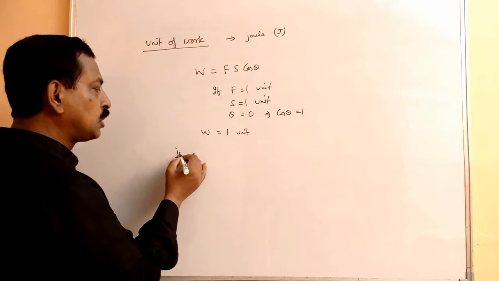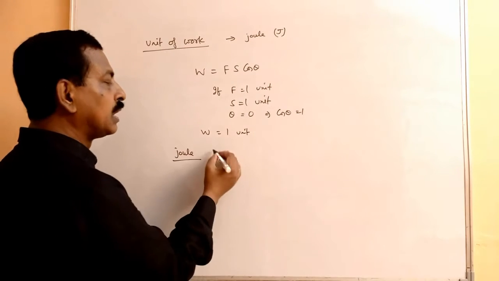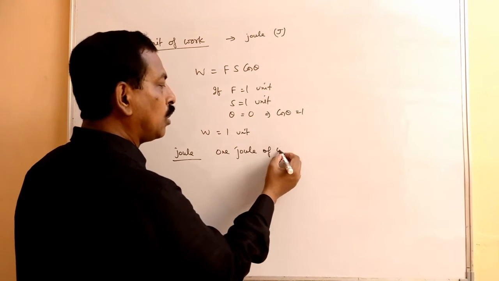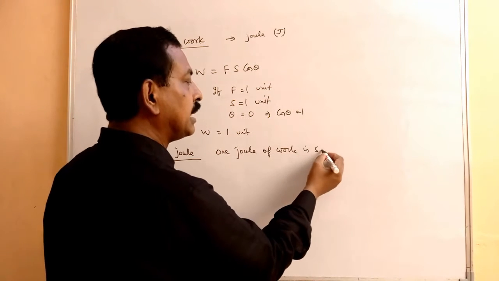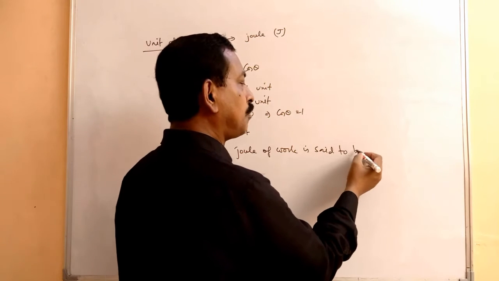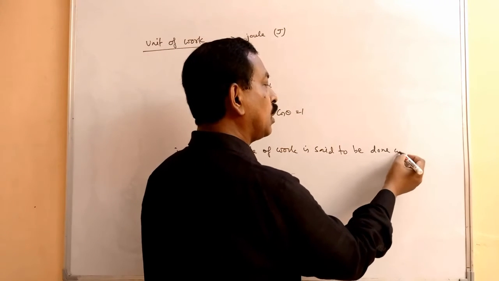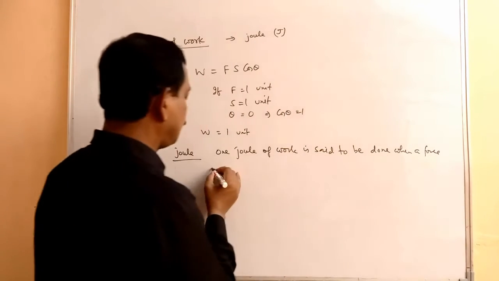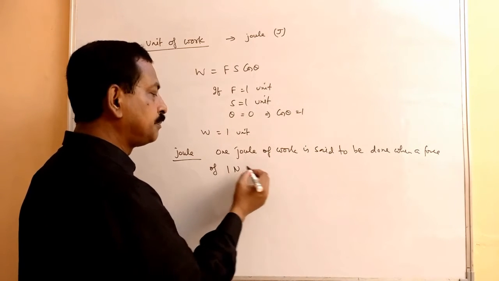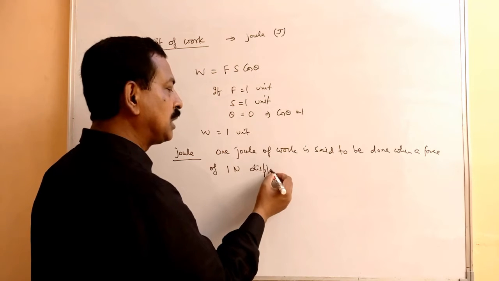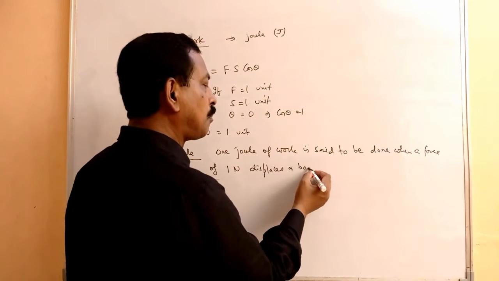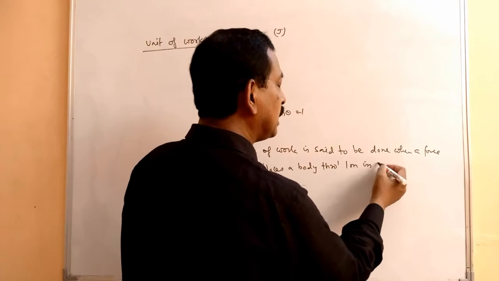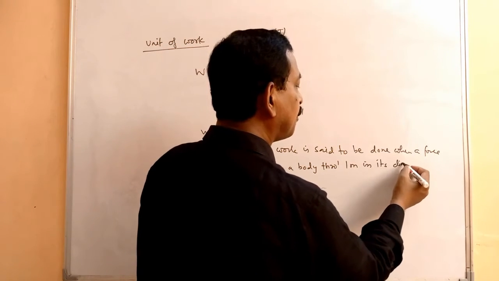So if you want to define joule, then we say that 1 joule of work is said to be done when a force of 1 Newton displaces a body through 1 meter in its direction.